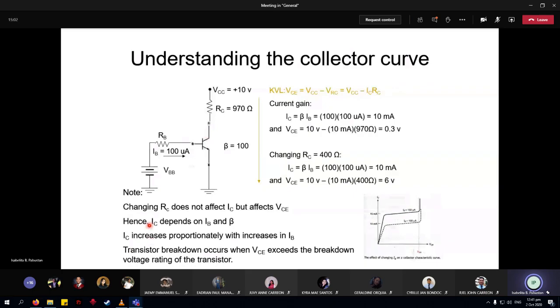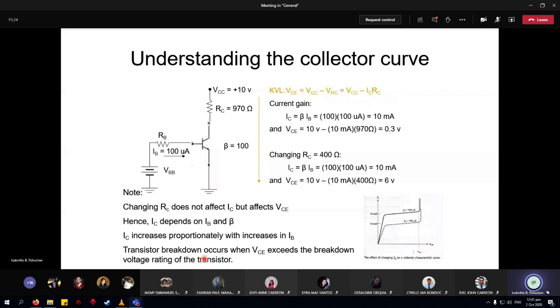Okay? So, hence, IC depends on IB and beta. It does not depend on RC. Okay? So, IC increases proportionately with an increase in IB.